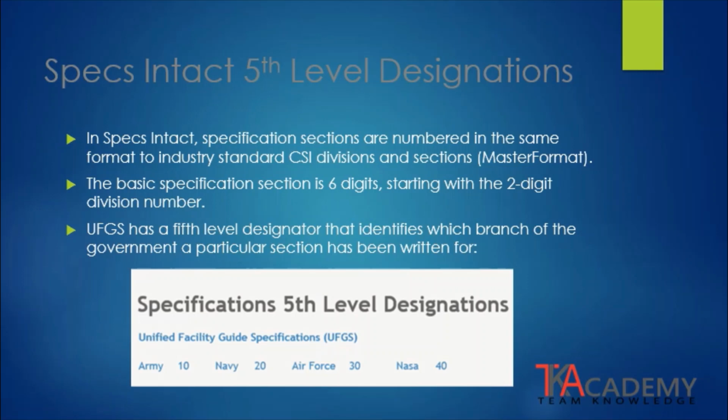These numbers after the decimal are the 5th level designator that identifies which branch of the government a particular section has been developed for. The UFGS 5th level designations are for Army 10, Navy is 20, Air Force is 30, and NASA 40. When you see this 5th level designation after the section number, you know that the specification specifically applies to that federal agency.